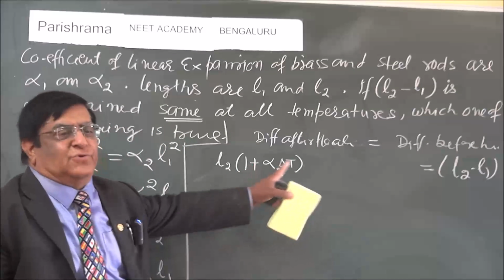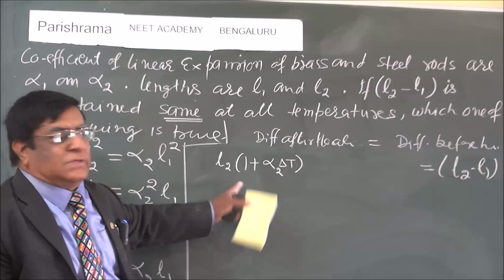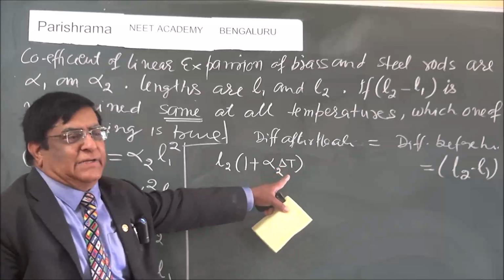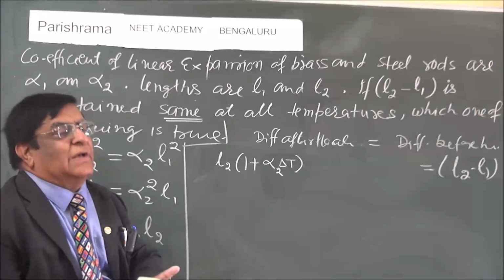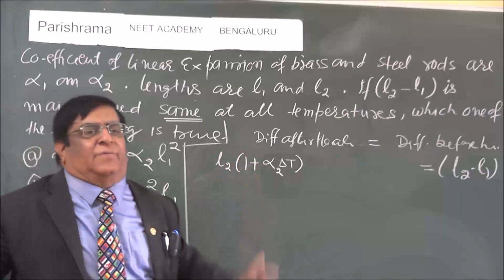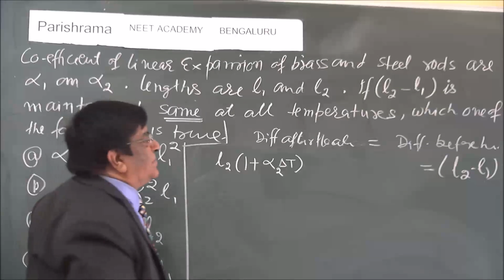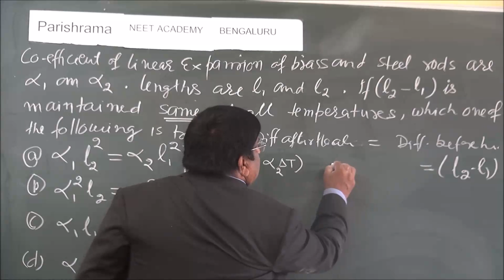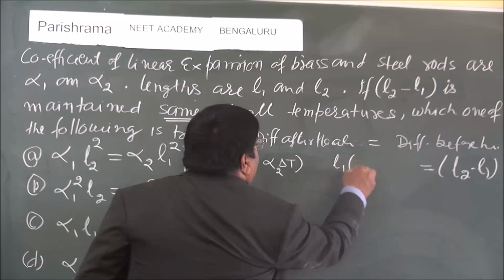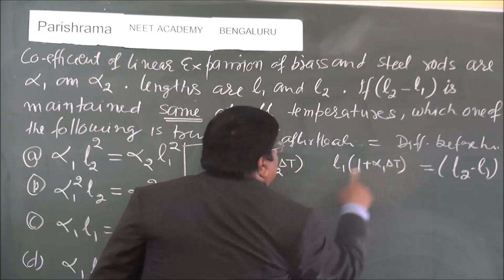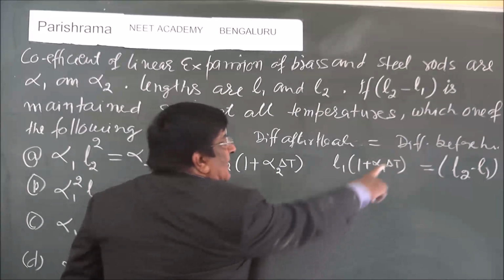Delta T we have to take the same for both. Okay, so L2 times 1 plus alpha 2 delta T. This is the expansion formula. This is something we should recall from memory. Now, length 1, how much has it become? Length 1 times 1 plus alpha 1 delta T. This is the length of 1 after.